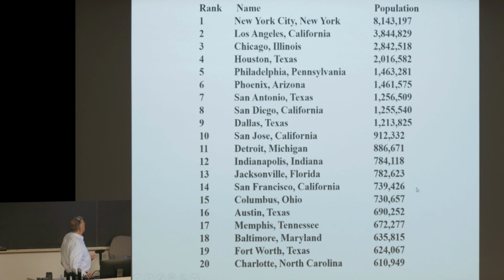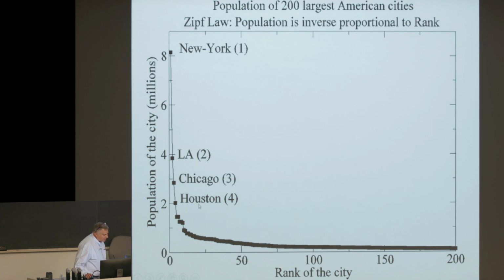So on the vertical axis of this graph is the population of a city, and on the horizontal axis of this, oh, sorry. I'm talking about the graph which I didn't show.